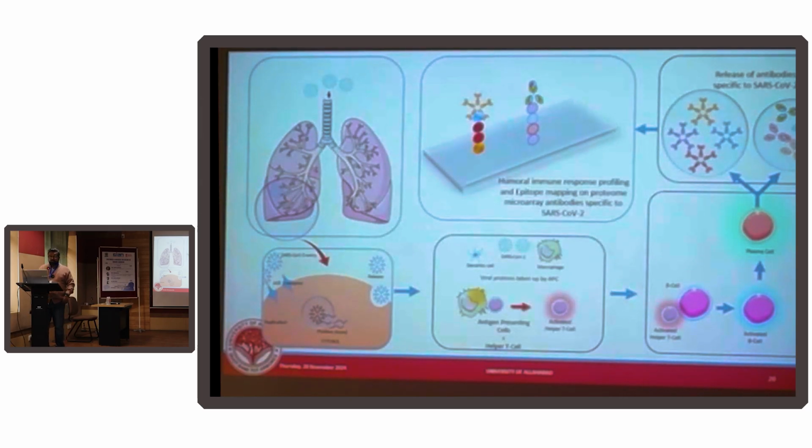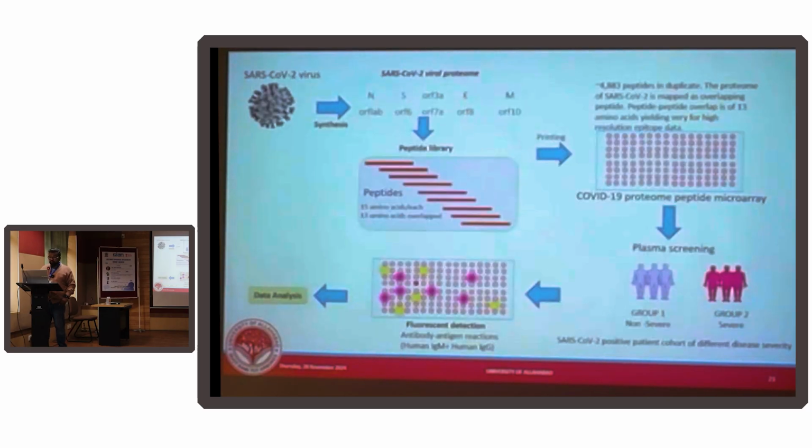Now what we could do is, using these epitopes, or these peptides printed onto the glass slide, we can see which peptides were actually antigenic. The entire virus, or just like any other protein, the entire protein can never be antigenic. So what did we do?